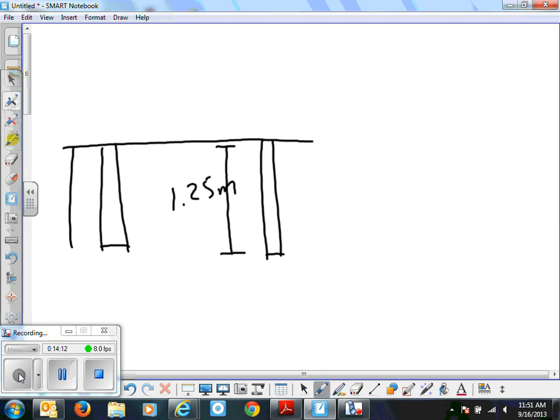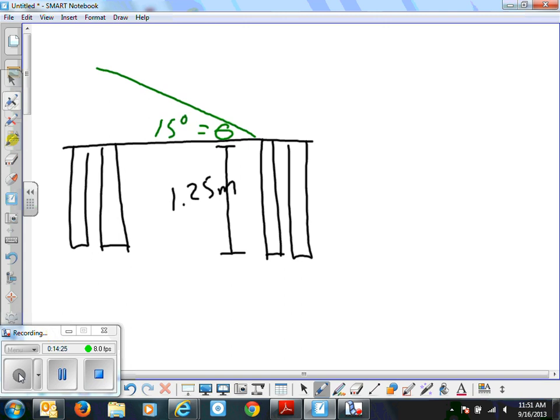And let's say that we have a ramp here that has a theta equal to 15 degrees. And let's say that we start a cart up here with very low friction wheels and very minimal mass wheels, so there's no rotational inertia. And we'll say that this cart starts at an initial velocity of 0.